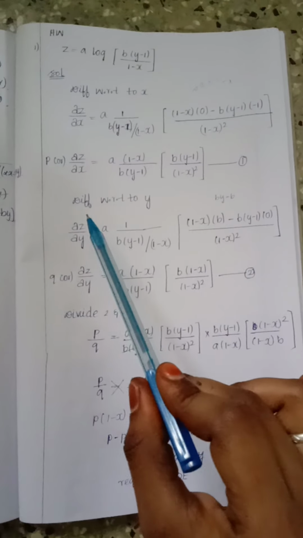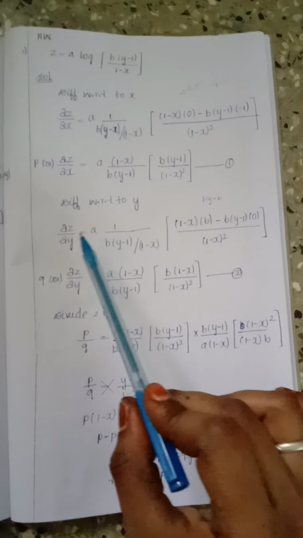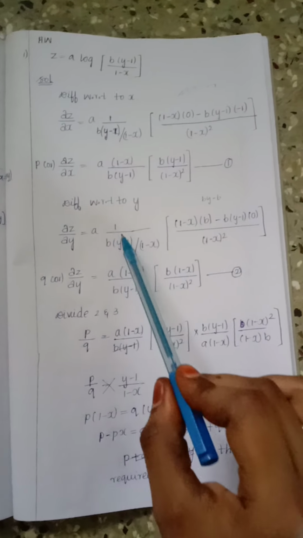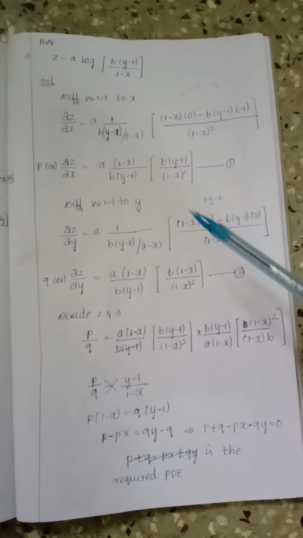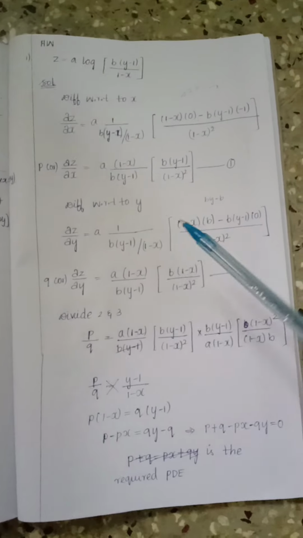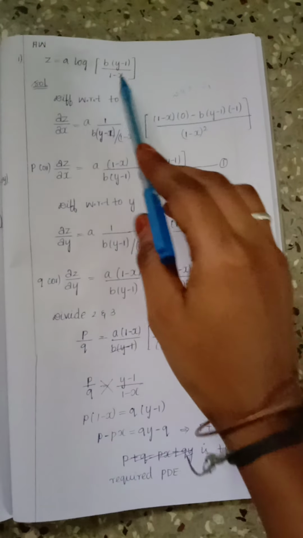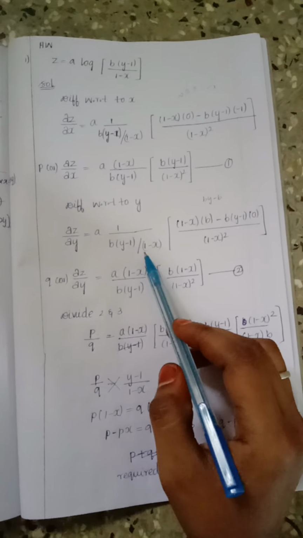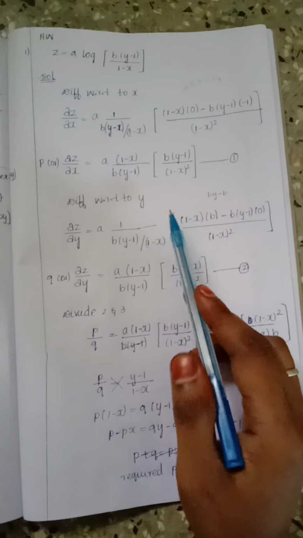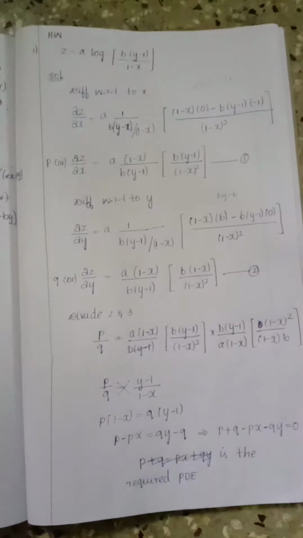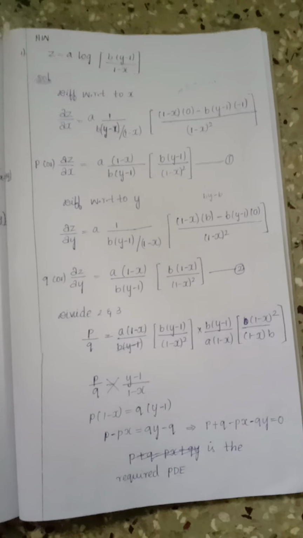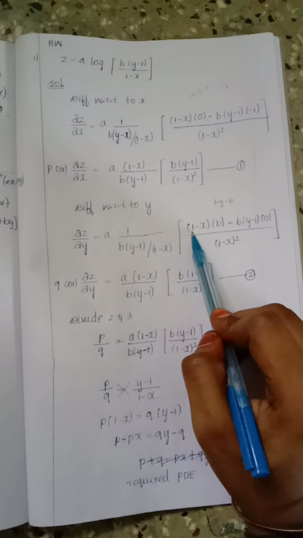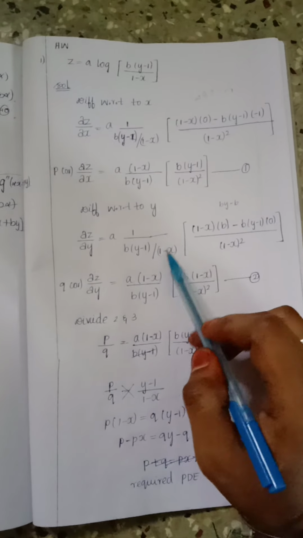Likewise, we differentiate with respect to y. So dou z by dou y can be written as a into 1 by x, same as before for log x. If we differentiate log y, we get 1 by y. So that y is here, 1 by b into y minus 1 divided by 1 minus x. This is also in the form of the u by v method, so we differentiate with respect to the u by v method.